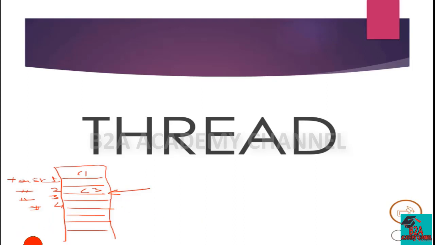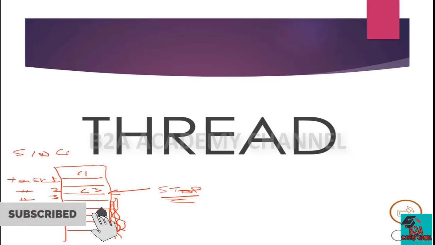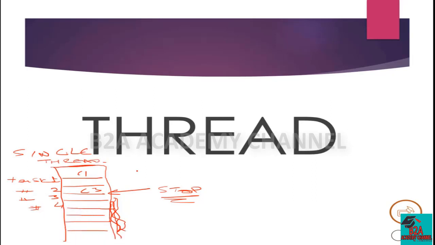Then the whole execution of the program will stop right here, and the rest will be executed only after this command, this task, this method is executed. So if I'm going to have a single thread, then I will have this difficulty. However, instead of having a single thread, I can have multi-threading.